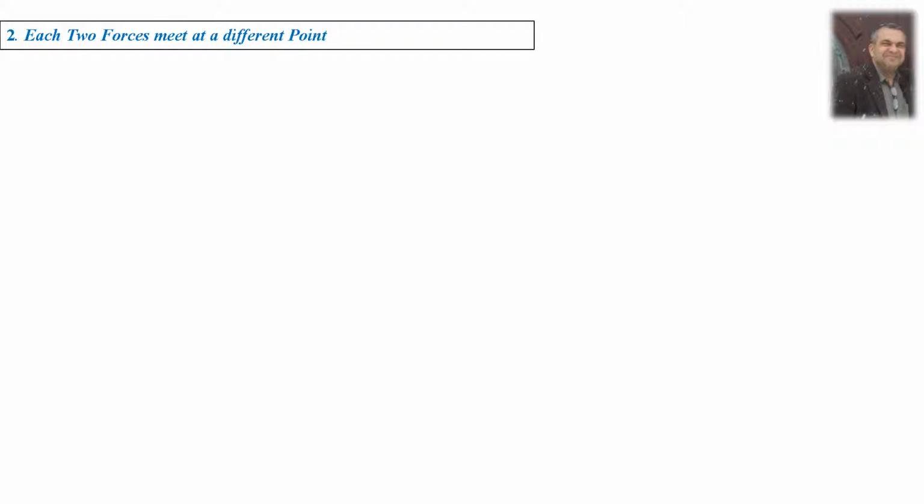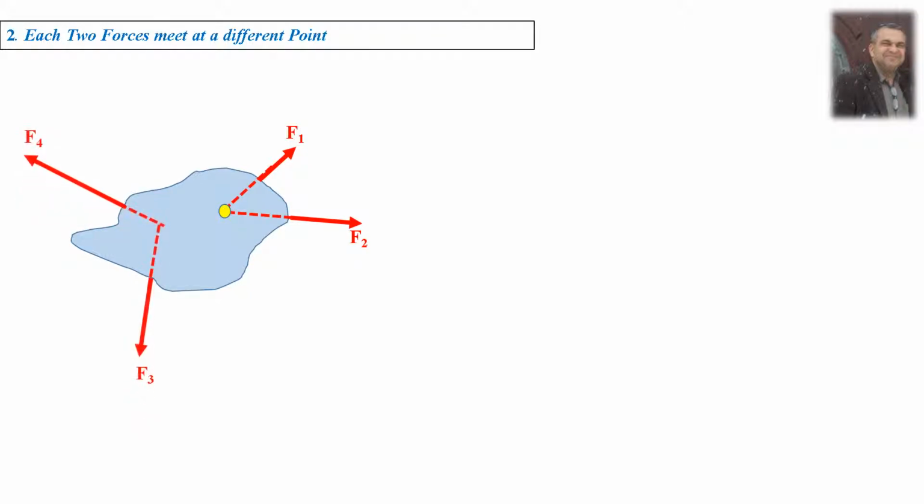Now, the second possibility: each 2 forces meet at a different point. Imagine again this is an object. These 2 forces, F1 and F2, are meeting at this point, and F3 and F4 are also meeting at this point, but in this case not all of them are meeting at one point.